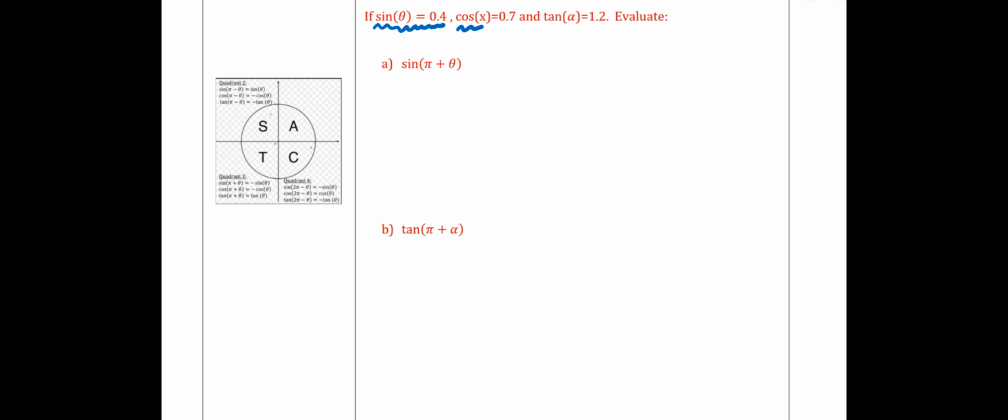But cos of x is 0.7, and the tangent of alpha, again a different angle here, is 1.2. So what we're saying here is 3 seemingly unrelated pieces of information. There's 3 different angles. And we're being asked to evaluate some other random angles. So at first glance, these are unrelated.